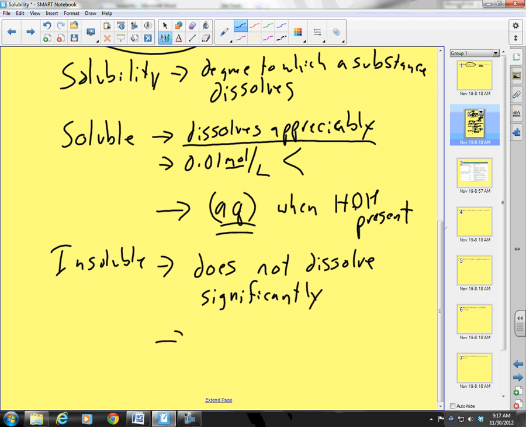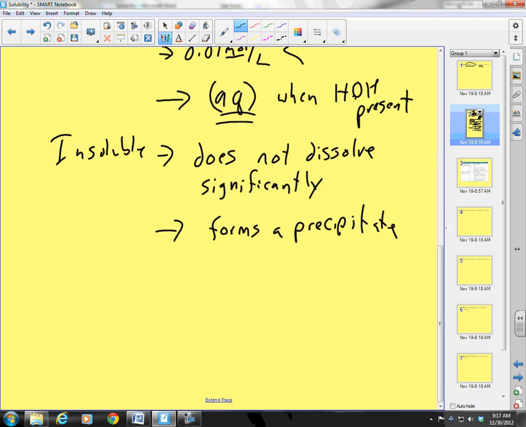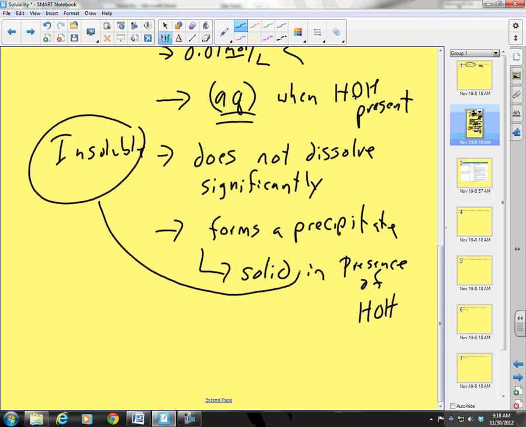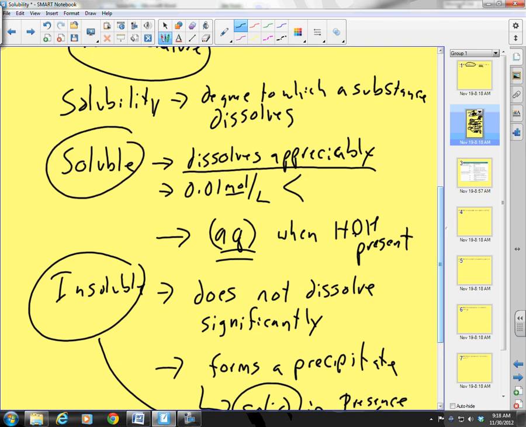What's important to us is that it forms a precipitate, i.e., it is a solid in the presence of water. So that's what I want you to know. Insoluble implies that I'm going to have a solid in my reaction. Soluble implies it's going to be aqueous in my reaction.